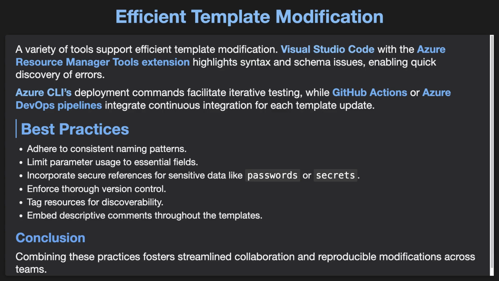Best practices include adhering to consistent naming patterns, limiting parameter usage to essential fields, and incorporating secure references for sensitive data like passwords or secrets. Additional guidelines suggest thorough version control, tagging resources for discoverability, and embedding descriptive comments. Combining these practices fosters streamlined collaboration and reproducible modifications across teams.